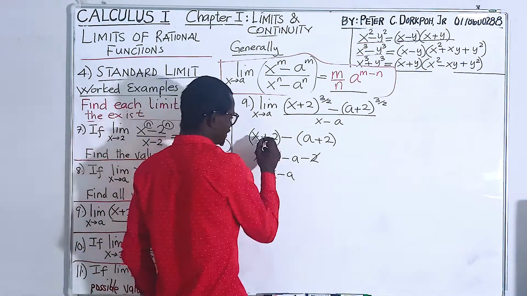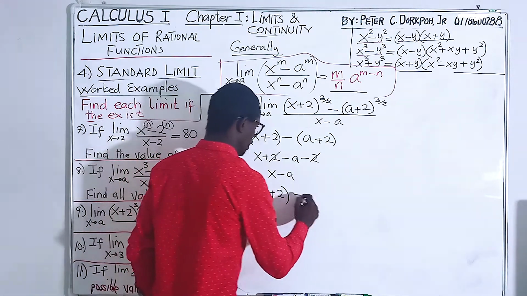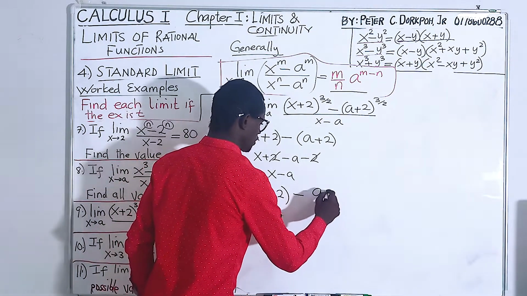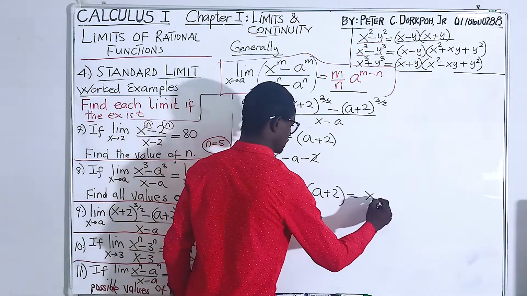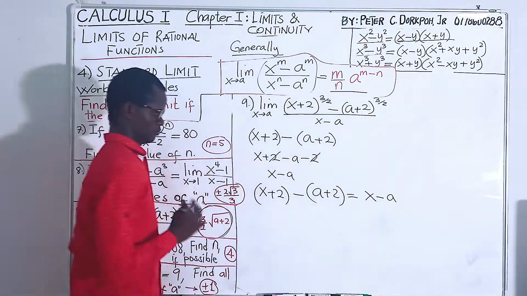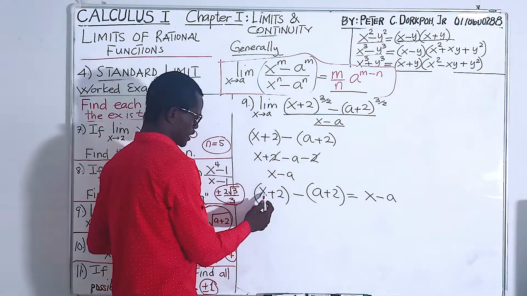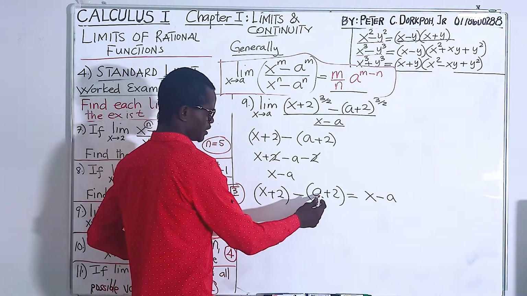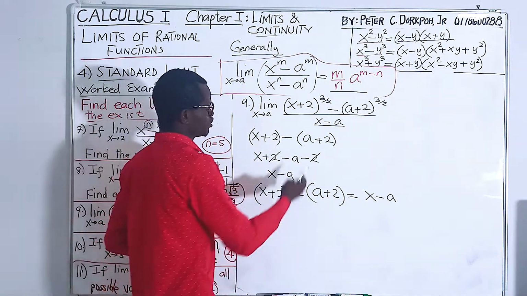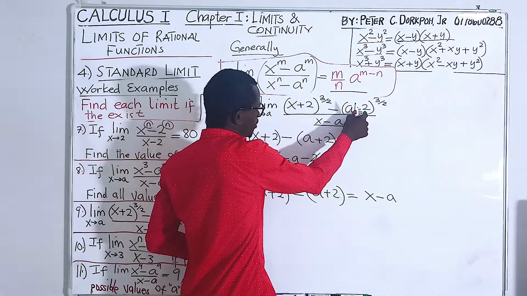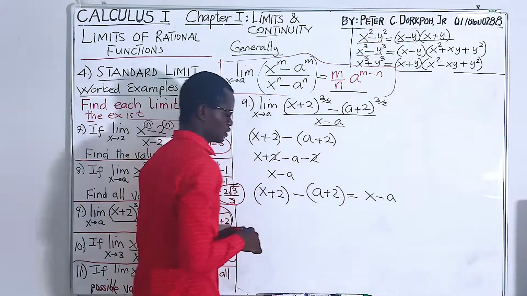So wherever we see x minus a, we put x plus 2 minus a plus 2. The main reason for doing this is to ensure that the same bases up here are the same within the denominator.